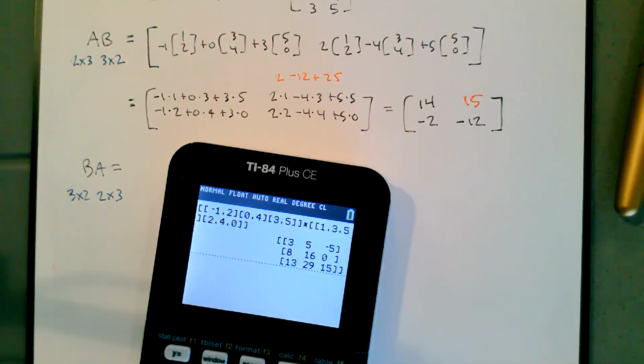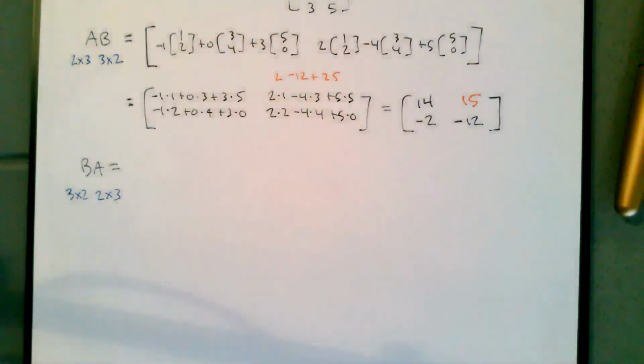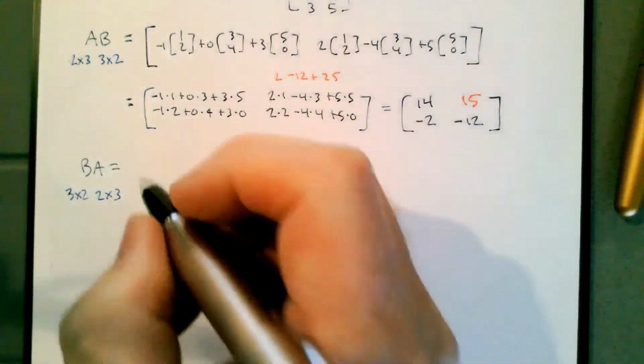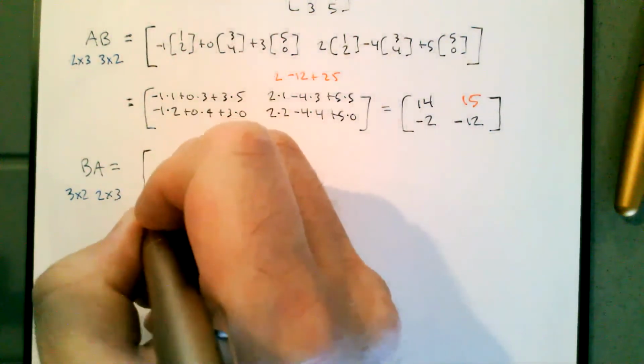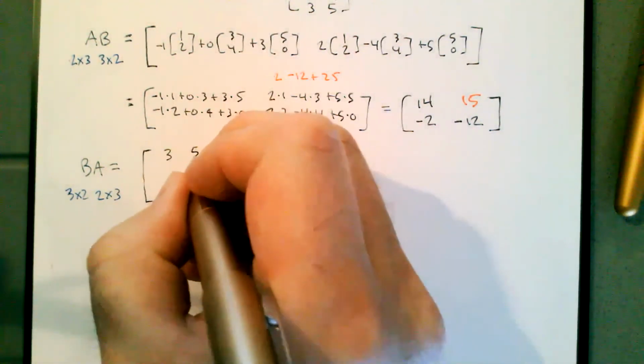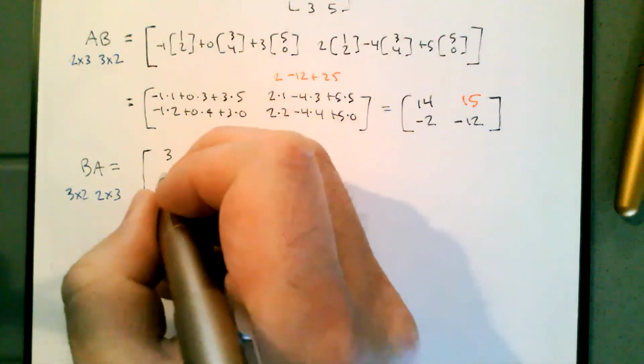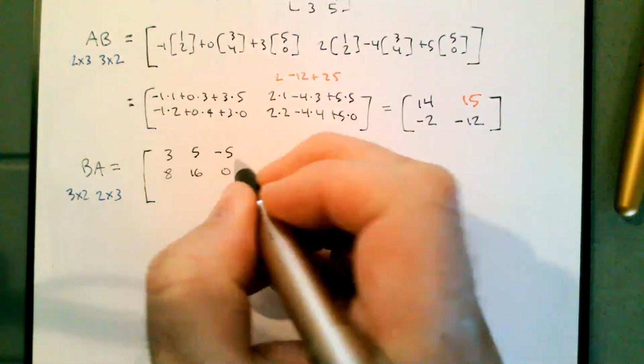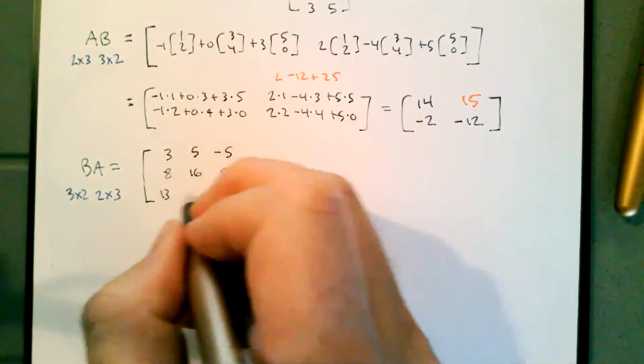So BA is going to be, we got 3, 5, negative 5. 8, 16, 0, and 13, 29, 15.